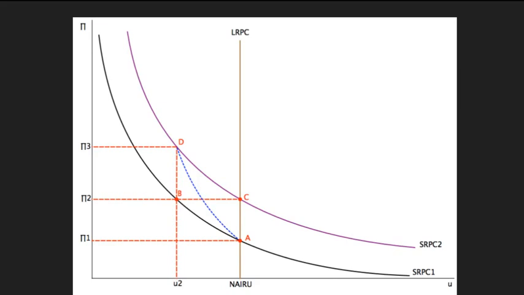I think it's green, I'm colorblind so I can't tell, but it's the vertical line that functions at the natural rate of unemployment in the economy. And also you see the two downsloping lines of the two short-run Phillips curves, which also show that inverse relationship between the unemployment and inflation rates of a given economy.